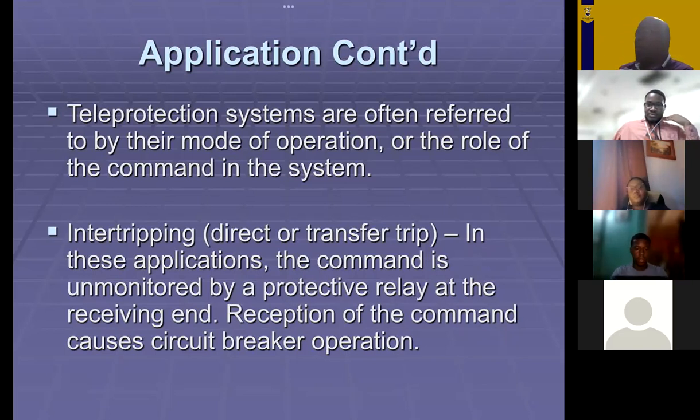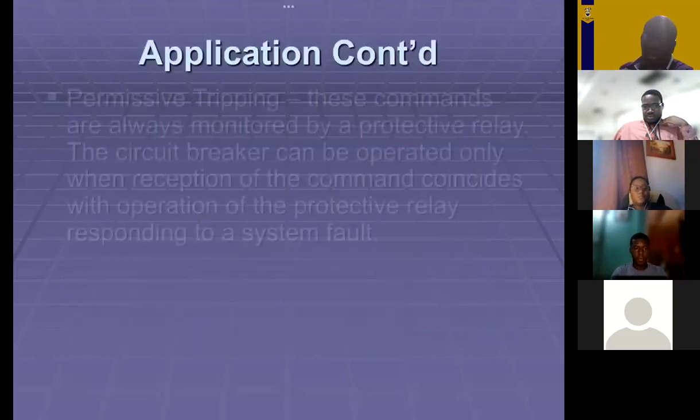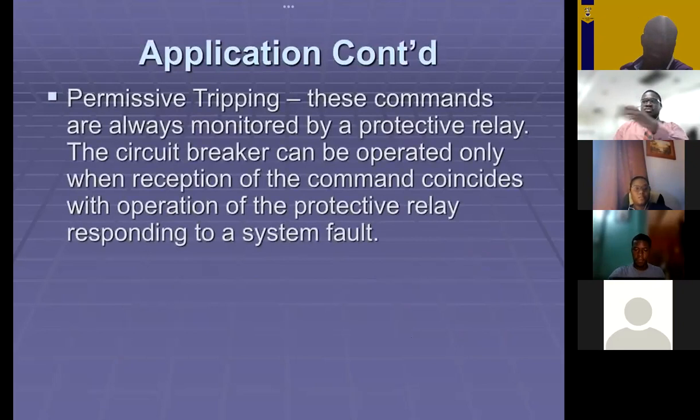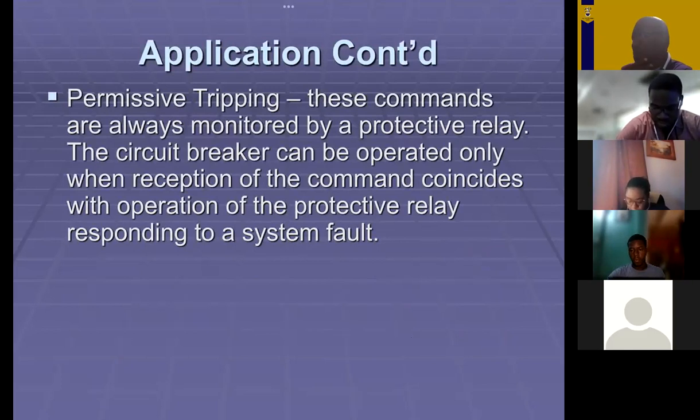So we have the intertripping, but we also have your permissive tripping, which now requires supervision. So the commands are monitored by a protective relay. So once you receive, you must have an AND function.